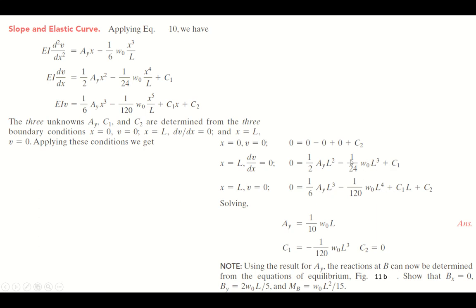So these two equations can be solved, and the values of unknowns Ay and C1 can be determined. So Ay is equal to 1 by 10 of W naught into L, and similarly C1 is equal to minus 1 by 20 of W naught into L cube, and C2 is equal to, as we know, 0.